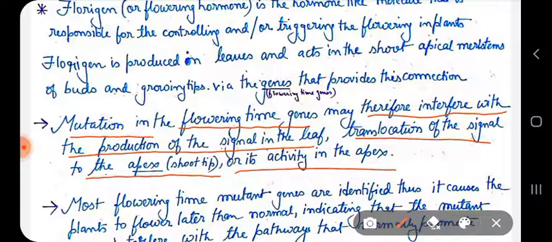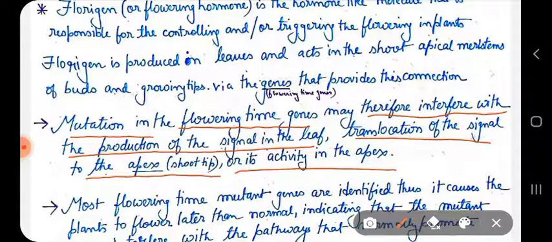There will be no translocation, meaning movement of that signal molecule to the shoot tip, because I have already said that florigen acts on the shoot tip, on the shoot apical meristem, and it also acts on the growing tips with the help of the flowering time genes.